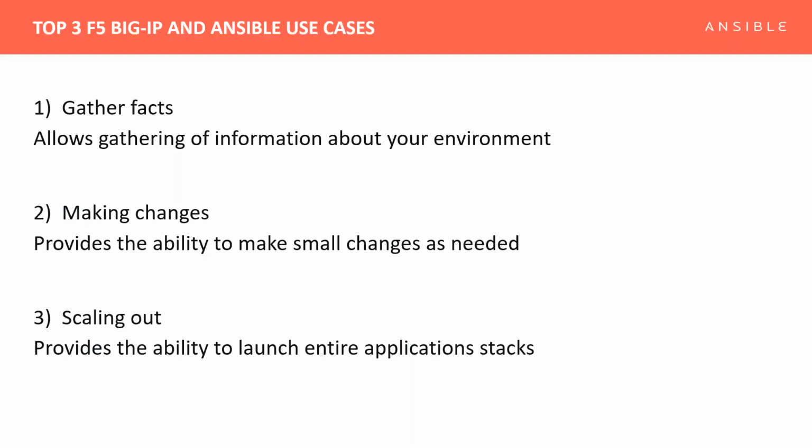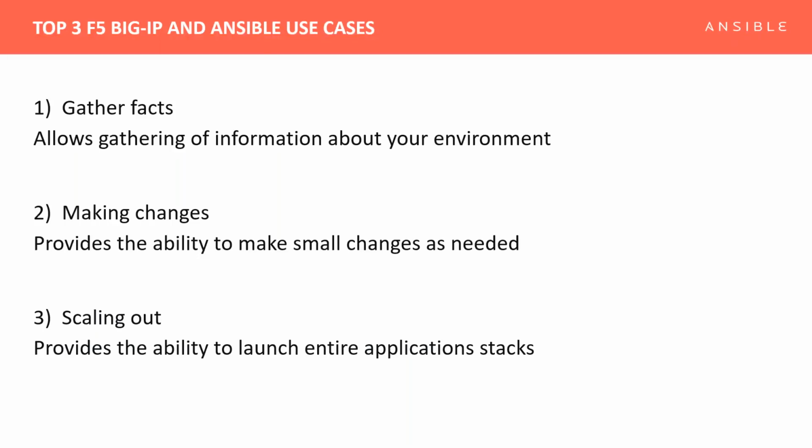Once you have that information and you want to make a change, you want to start small and do things that are very easy to change, such as disabling and enabling node members so that you can patch them, or something small and non-disruptive, so you can build your confidence in not only the modules of Ansible, but how Ansible and F5 work together. Then you're going to move into making a change.